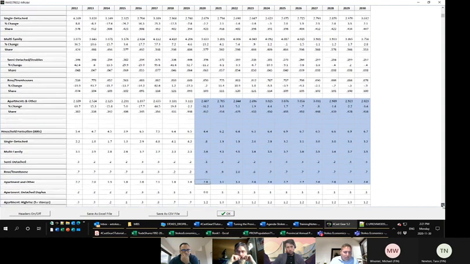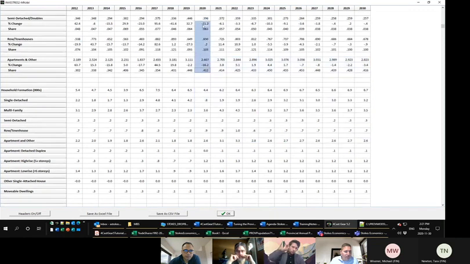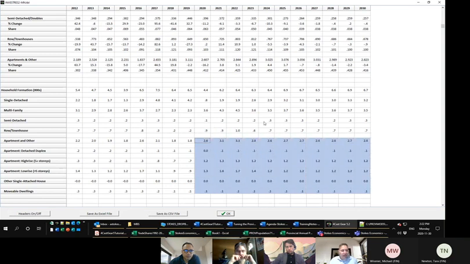So when you look at this table, you can see we have a lot larger breakdown here on the formation estimates relative to the 4 unit types up above here. So we are looking at the semis, the rows, but if you're familiar with the data from StatCan in the census, sorry, on the formation numbers, you get a breakdown of apartments by all kinds of different types here as well.